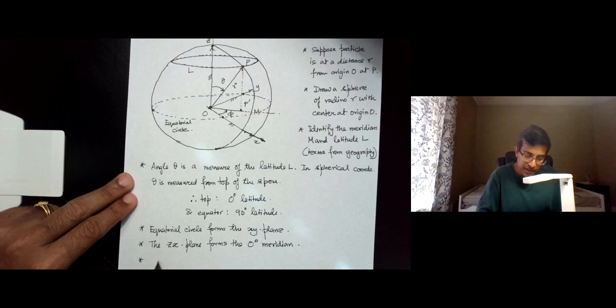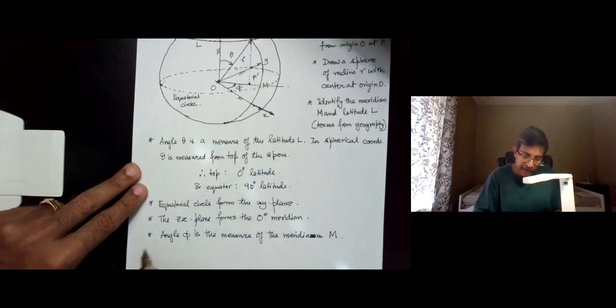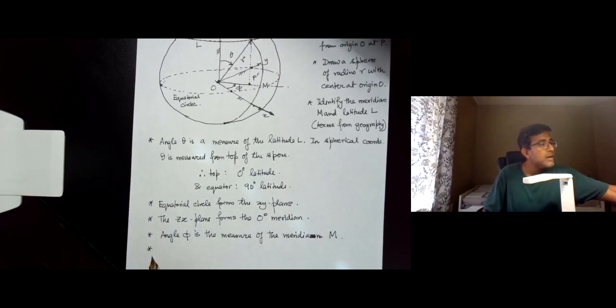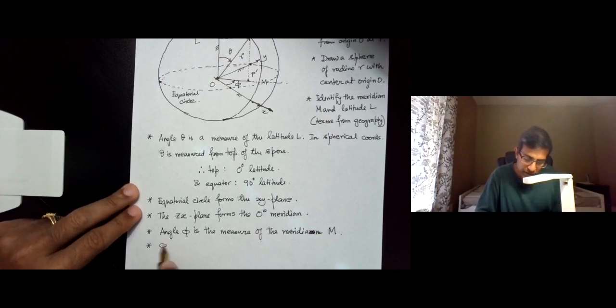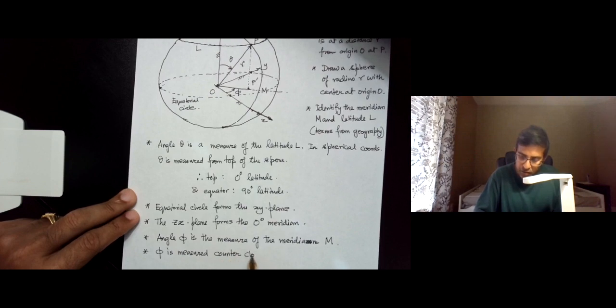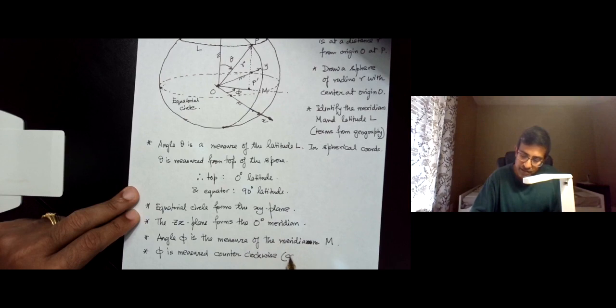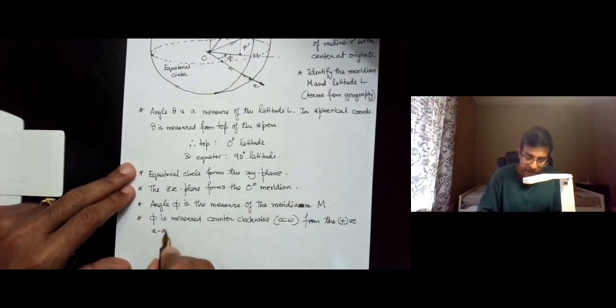you can see that angle phi is the measure of the meridian M, and in fact phi is measured counterclockwise, CCW, from the positive x-axis.